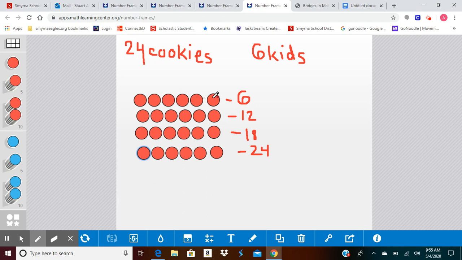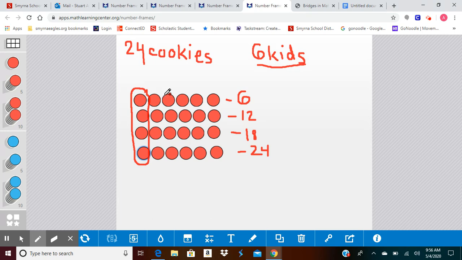Do you think the 6 represents the number of cookies that each kid will get? Hopefully you're yelling, no, Miss Stewart, you're crazy. Hopefully you remember that the 6 represents the number of kids. So we have to look at it this way to figure out how many cookies each kid would get.